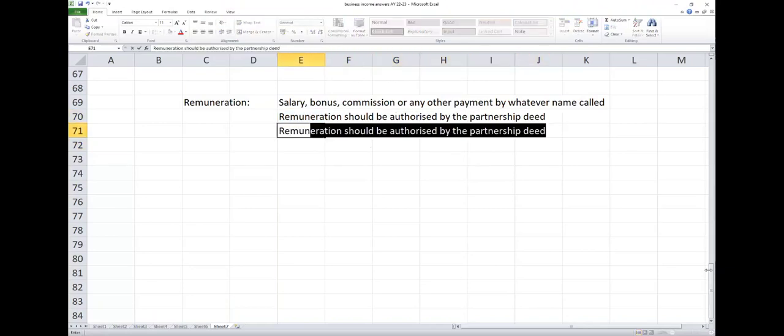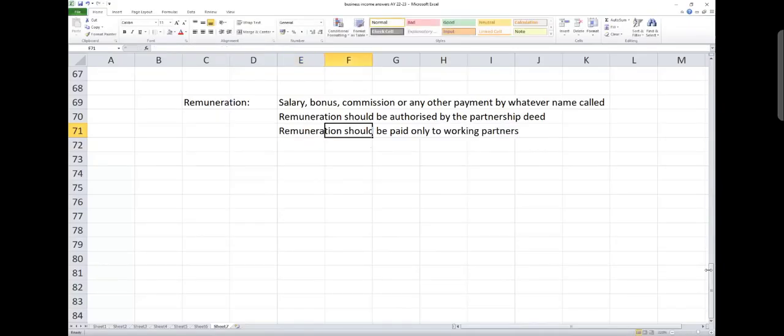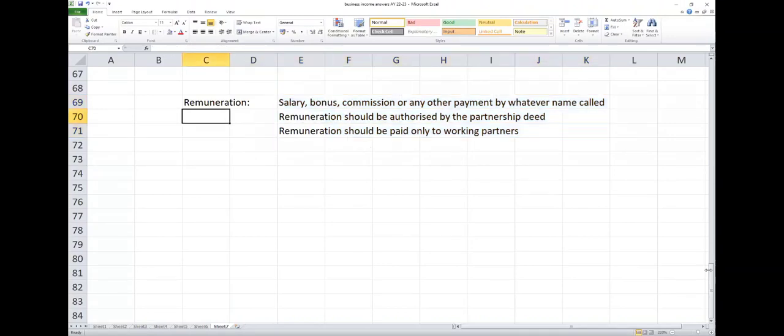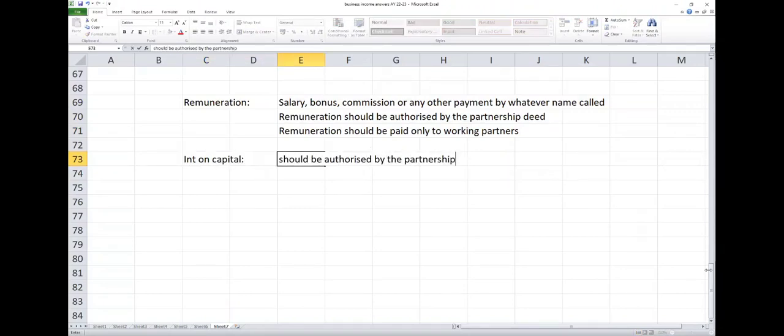An important point, remuneration should be paid only to working partners. If paid to non-working partners, it will be disallowed. This is regarding remuneration. Then interest on capital, students. Interest on capital should be authorized by the partnership deed.